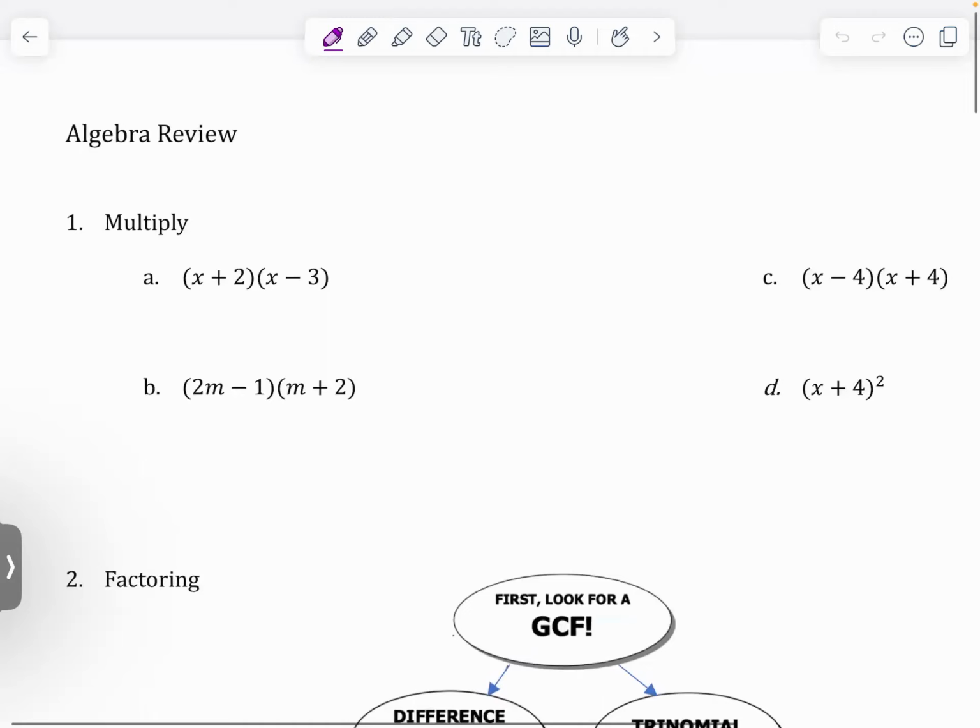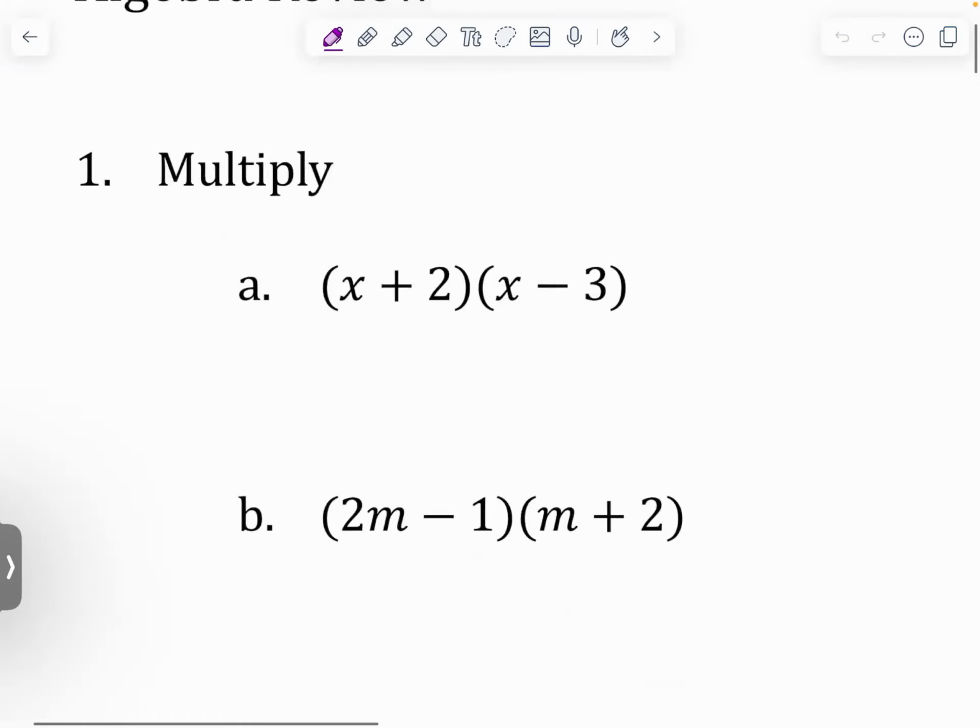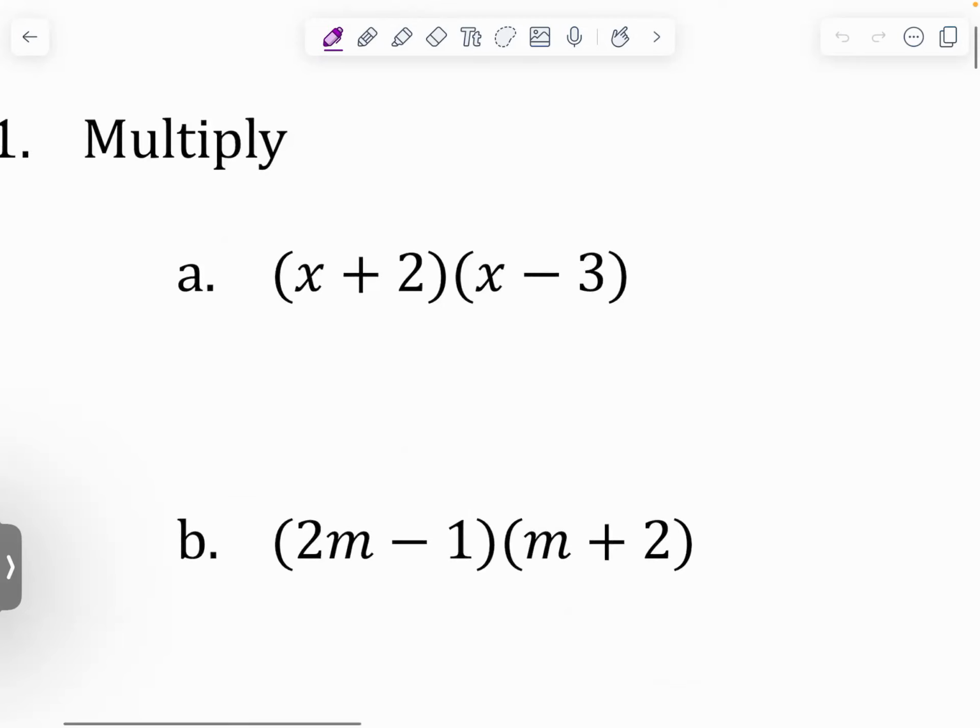If I am asking you to multiply two binomials together, Clark said something about FOIL. Does this seem like an appropriate time to use FOIL? What does FOIL stand for?